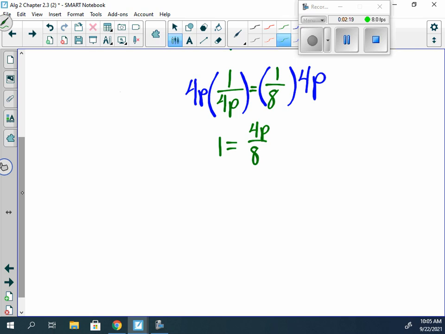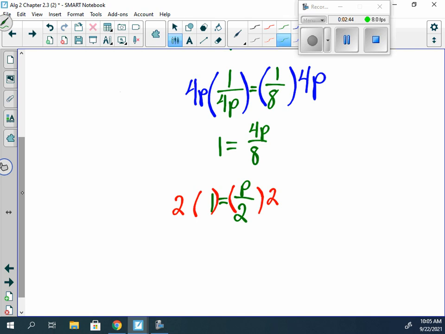Now we can simplify this here if we want. What is 4 over 8? 1/2, so we have P over 2. Last but not least, we could divide both sides by 1/2, or we can multiply both sides by 2.